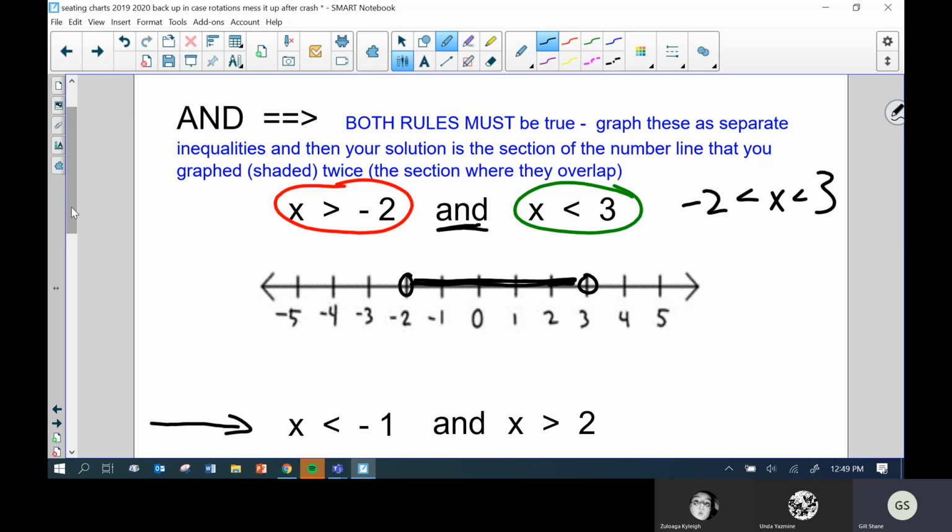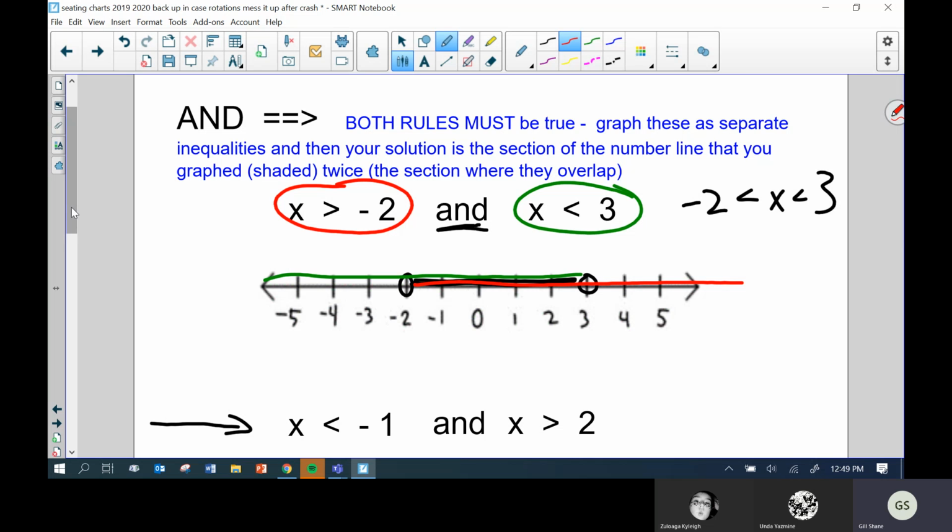When we did this problem, we had a line that went this way, and then we had a line that went this way. The reason this middle section was our answer is because we had red and green there.